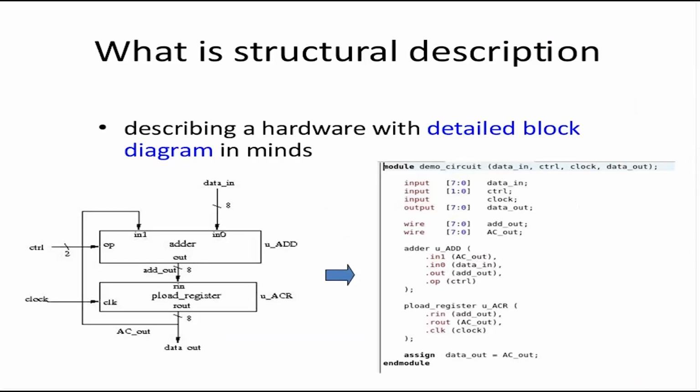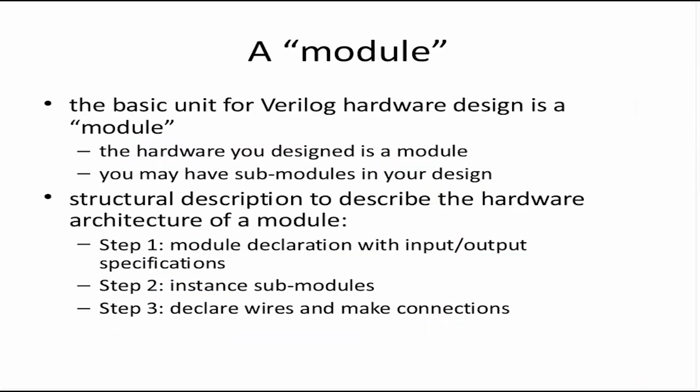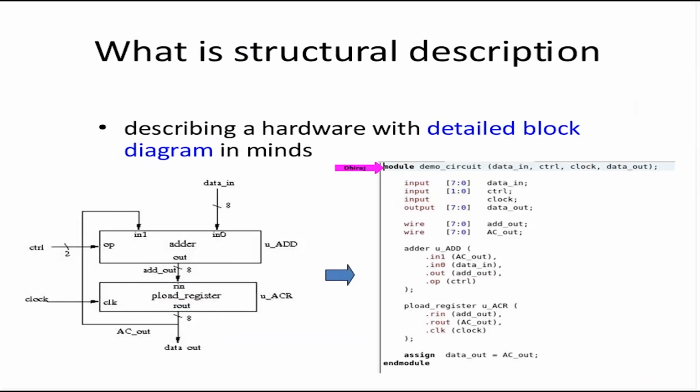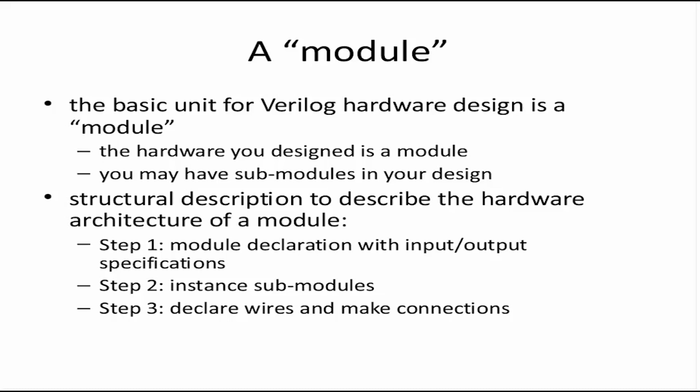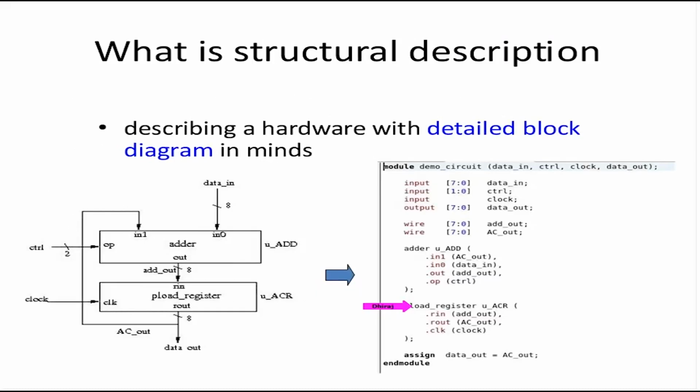So we see the same example again, the accumulator. The structural description would look something like this. There is a demo circuit where the module is defined, inputs and outputs are defined, and then the adder and the register are defined. Let me refresh some basic Verilog concepts. The basic unit for Verilog hardware design is a module. So this is the module demo circuit.